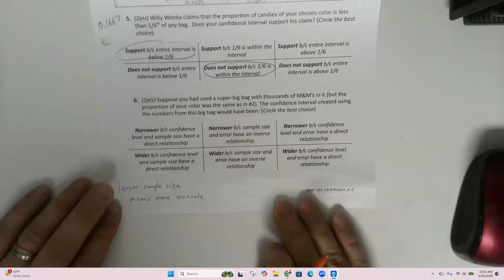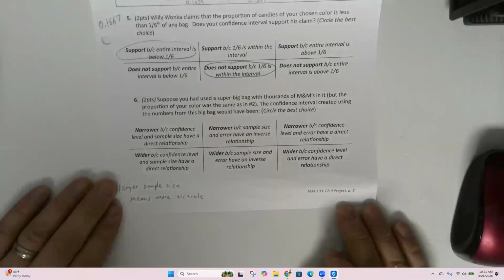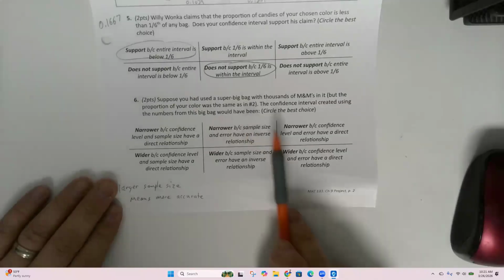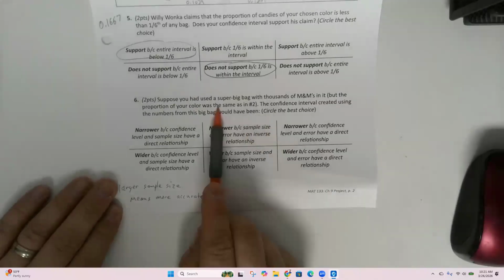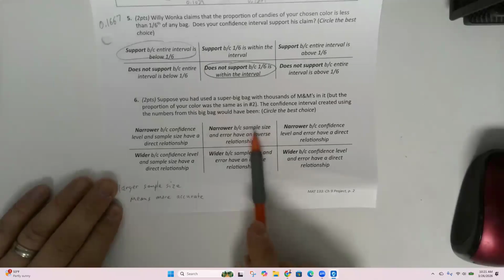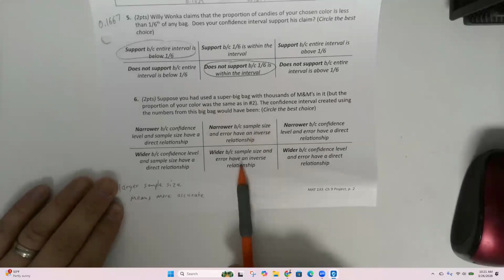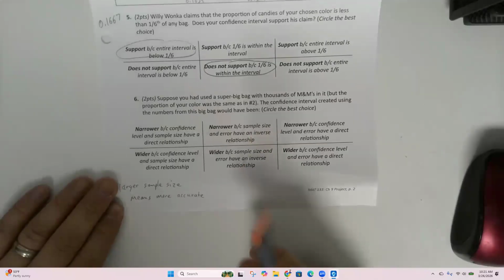If you use a larger sample size, you are more accurate, okay? So a bigger bag of M&Ms would have been a larger sample size, and so that would have meant that you would have been more accurate.